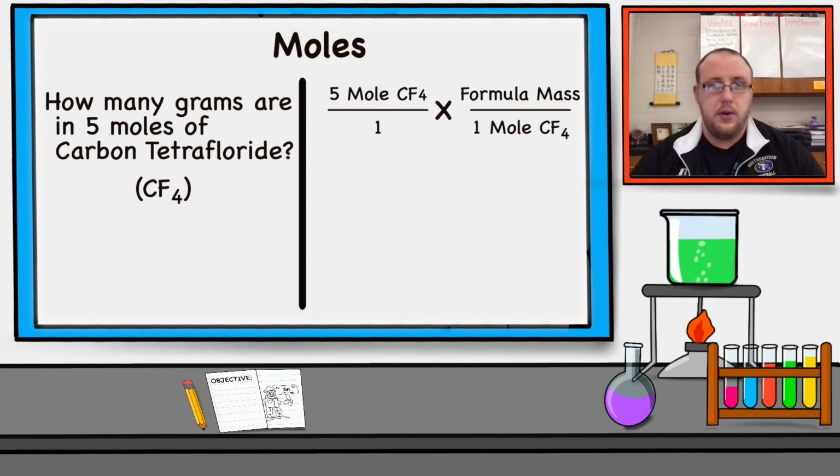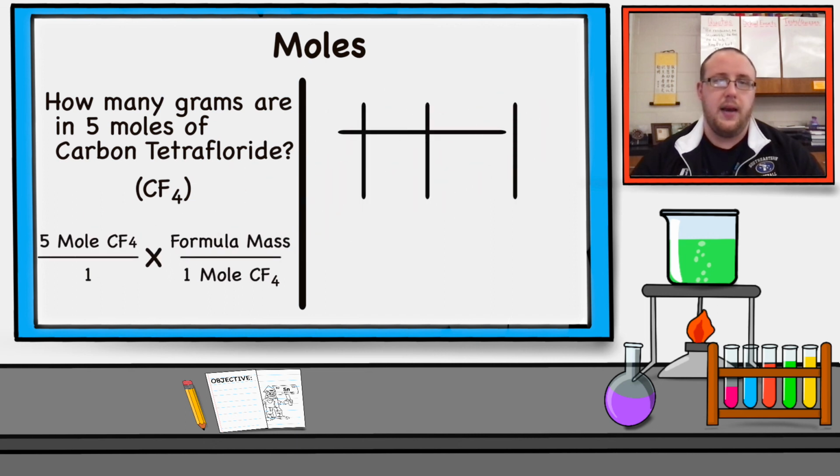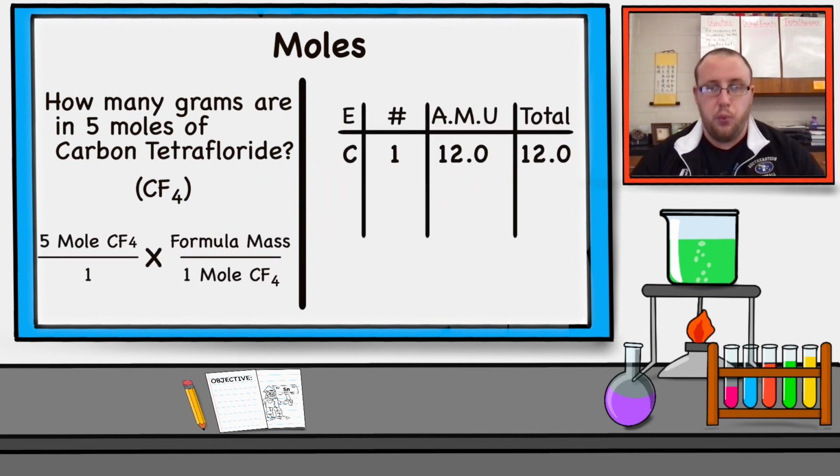Once again, we do not know the formula mass off the top of our heads, so we're going to have to solve for that. We have 1 carbon atom at 12, so that gives us a total of 12 atomic mass units for carbon. And then we got 4 fluorine atoms, each of which is at 19 atomic mass units, so I multiply 4 times 19, and then I get 76 atomic mass units for my fluorine.